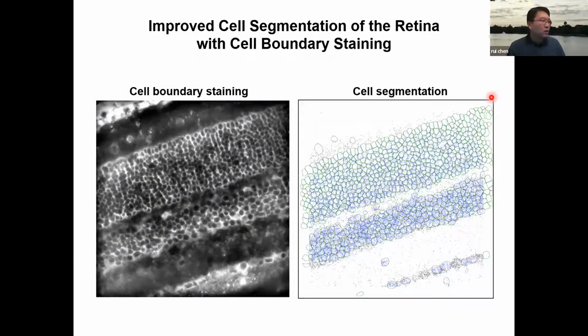As I mentioned, segmentation is challenging because the retina is an extremely packed tissue. Initially, without using cell boundary staining, it's really hard to distinguish one cell from another, because based on the distribution of transcripts they all form a continuous cloud. So we found it necessary to highlight the cell boundary using antibody staining. This is what it looks like, very nice staining.